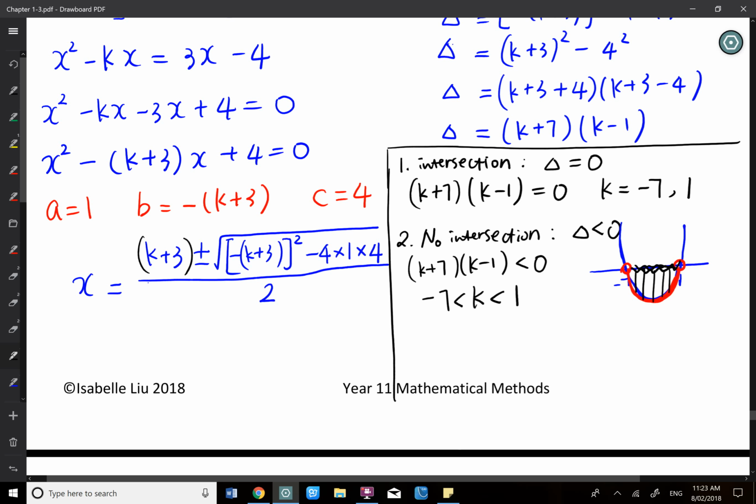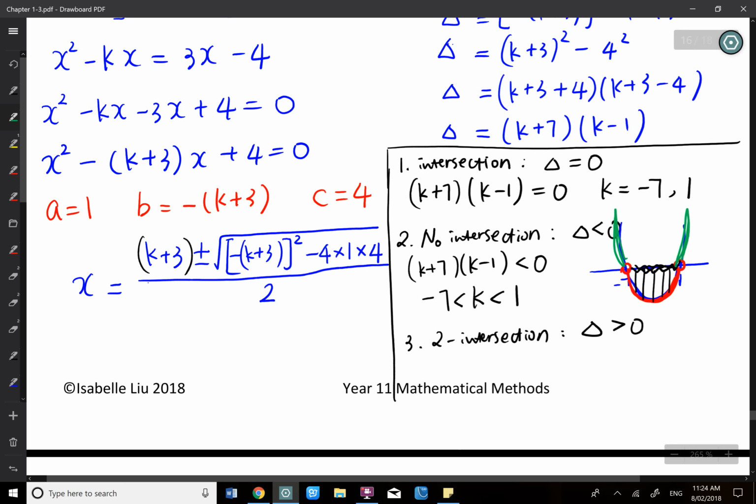That's the second case. For the third one, I want two intersections, so we need the discriminant absolutely greater than 0. I'll draw it in green. Greater than 0 will be this part and this part of the graph, whatever is left.